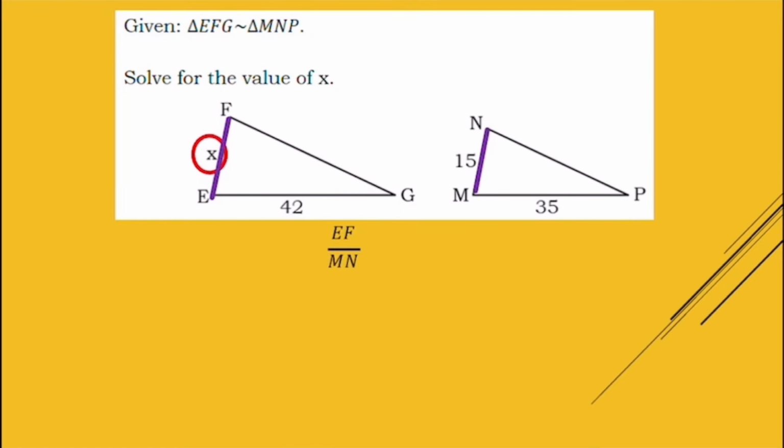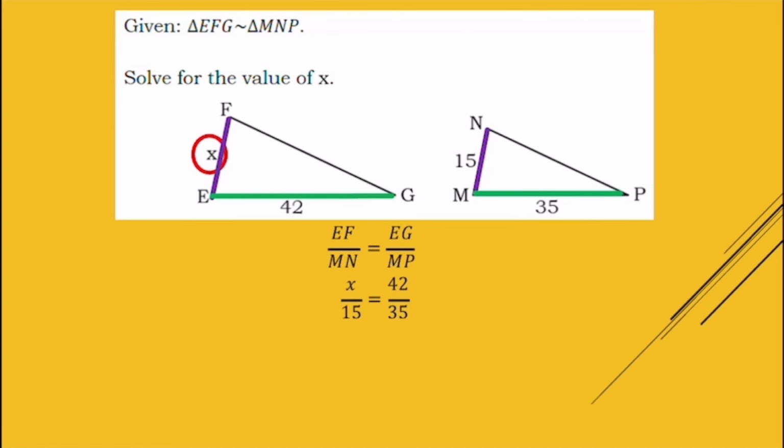So we will have EF over MN is equal to EG over MP. And after that, let's substitute the value. So we will have now x over 15 is equal to 42 over 35.